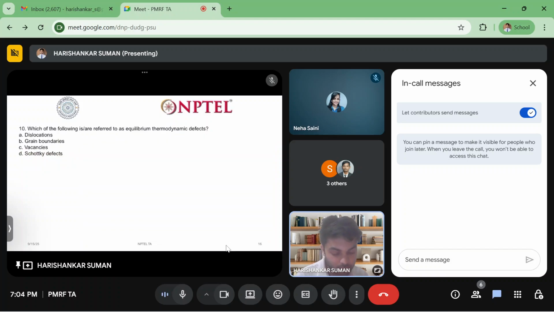See the next question. Which of the following are referred to as equilibrium thermodynamic defects? Dislocation, grain boundaries, vacancies, Schottky defects.